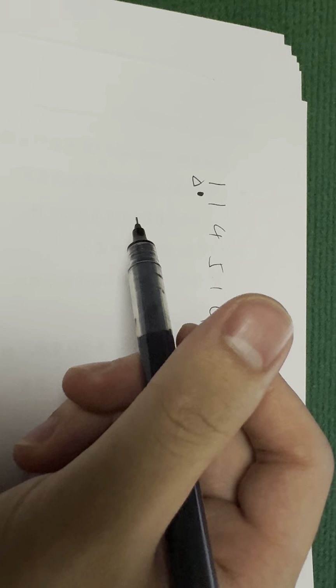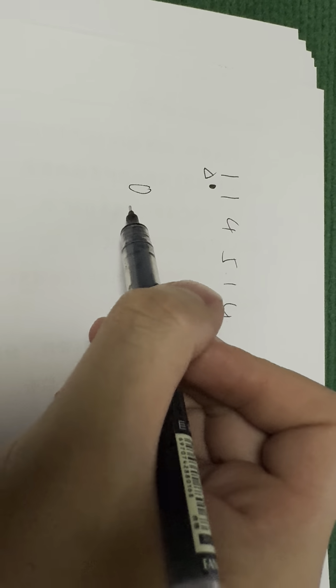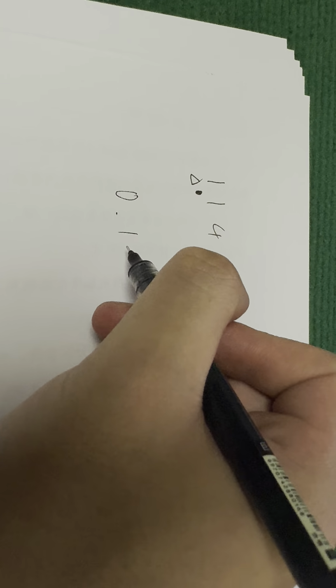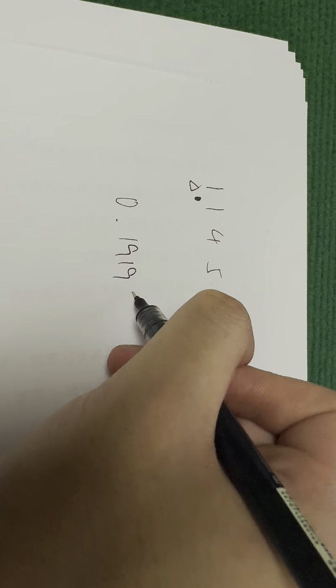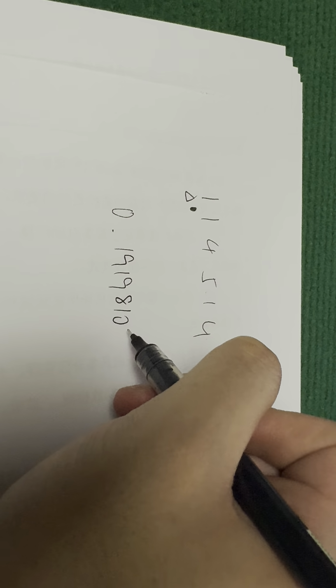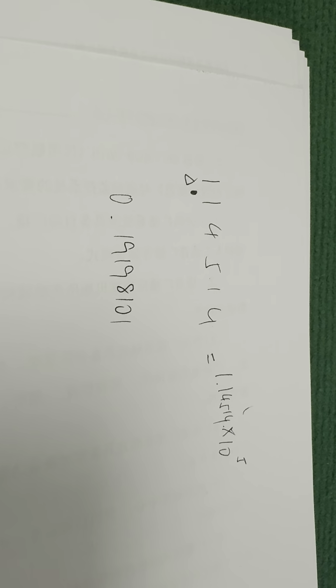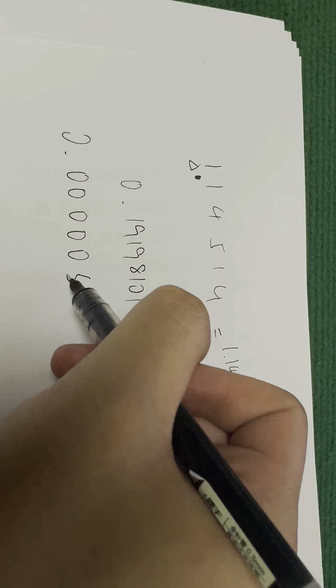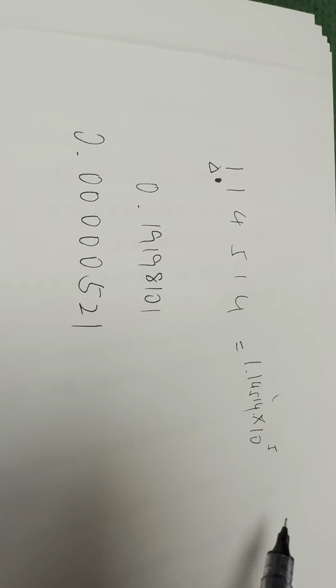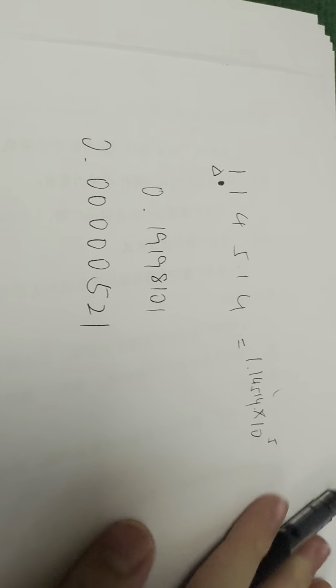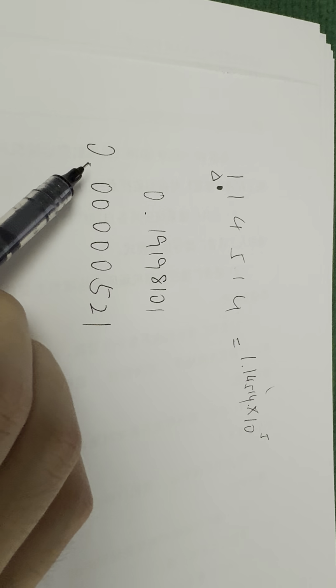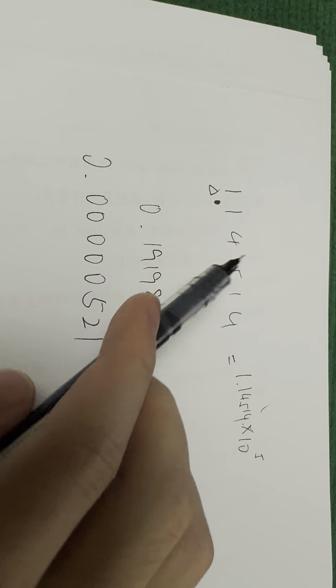And for a decimal, for example 0.19198101, this one is easy, so I will show this one: 0.0000521. So how do we make this one faster? For this case, the thing we count is not like that.